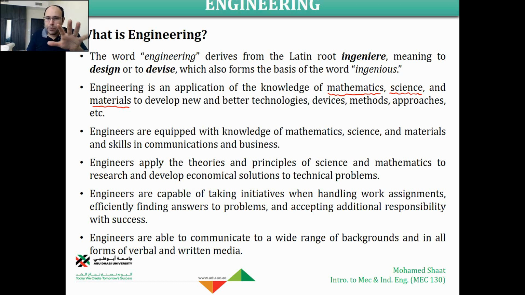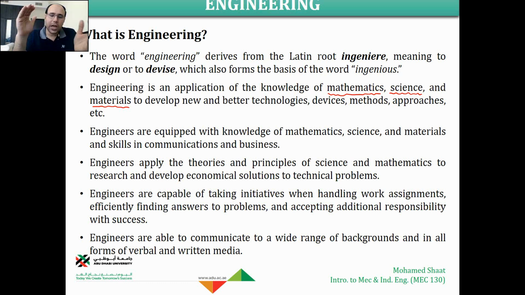So these are the main three subjects that you should have knowledge in to be a good engineer upon graduation, right? And definitely, for example, for Mechanical Engineering, Civil Engineering, Electrical Engineering, Industrial Engineering, for any one of these majors, there are some courses related to mathematics, some other courses related to science, some other courses related to materials.